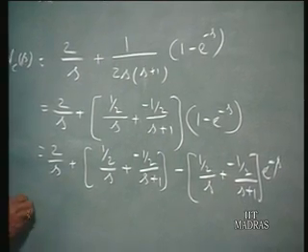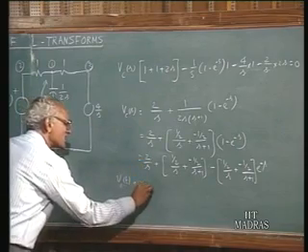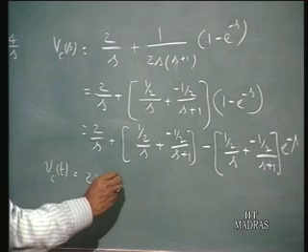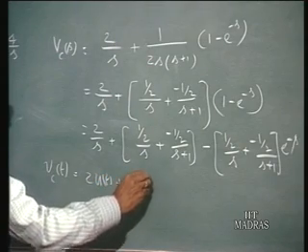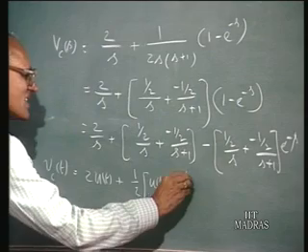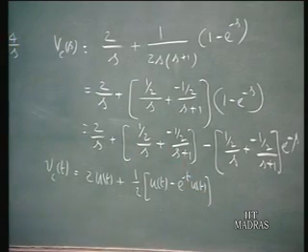So Vc(t) would be 2u(t). Here you have half of u(t) minus e^(−t)u(t). That is the inverse Laplace transform of this.